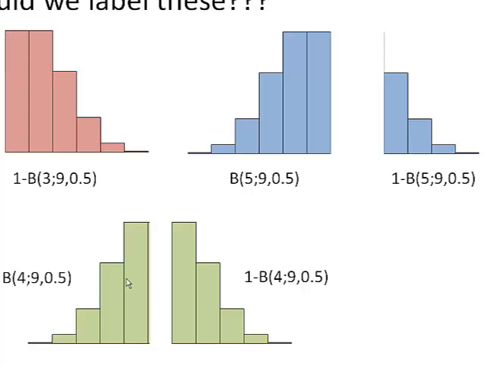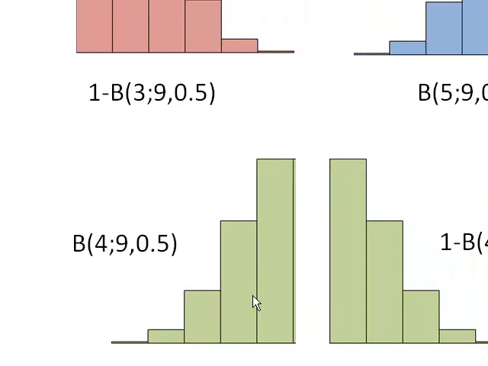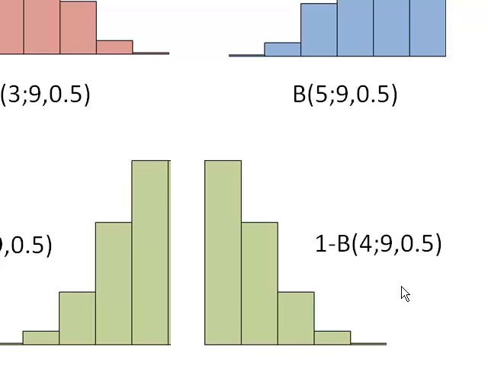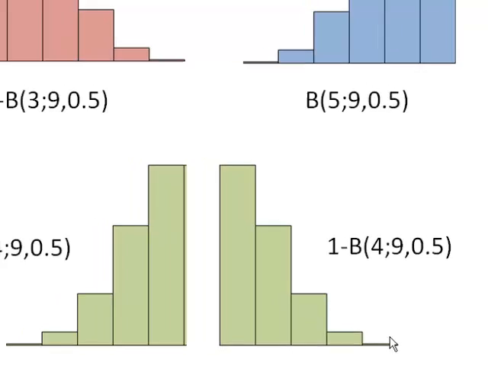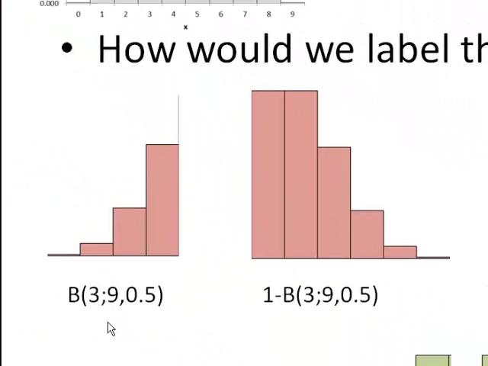If we wanted to divide it directly in half, we would have big B4 on the bottom, x equal to 0, 1, 2, 3, 4, and then 1 minus big B4 is going to be the values for x equal to 5, 6, 7, 8, and 9. So you can see how the complements work together. This is the value that you can get off of the table, and from that value you can do 1 minus to get the top half.